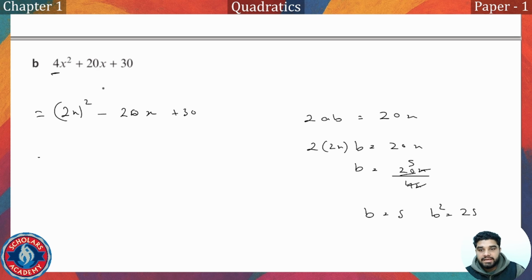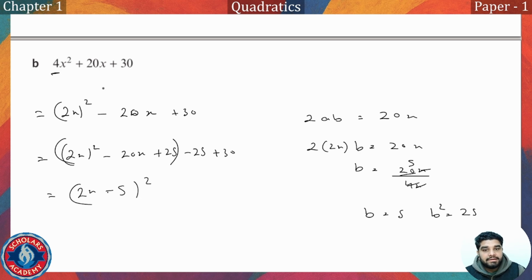So we'll add 25 and subtract 25. So 2x square minus 20x plus 25 minus 25 plus 30. If I check these, I am getting a whole square of (2x minus 5), and over here if I simplify these two, I get plus 5.